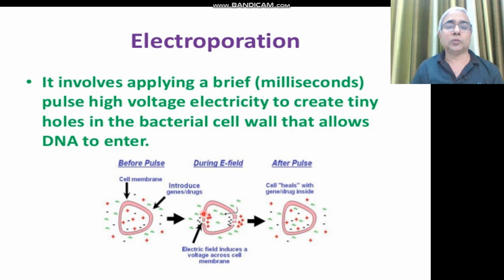As soon as these pores develop, the gene construct which is present in the surrounding medium has a chance to get entry inside the host cell. Some of the gene construct, here you can see, has entered inside, and as soon as this electricity is removed, again these pores automatically get blocked, and in this way the gene construct can be inserted inside the host cell.